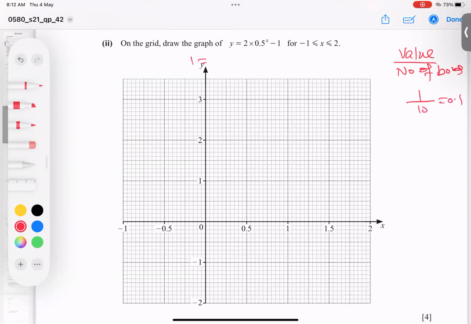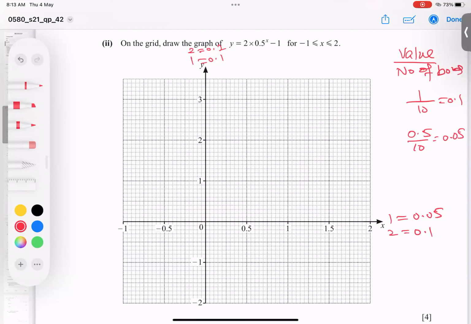One box is 0.1, and two boxes is 0.2: 0.1, 0.2, 0.3, 0.4, 0.5. And along the x-axis, there's a 0.5 on top and 10 boxes below. So 0.5 by 10, we get 0.05. So one small box is 0.05. Multiply by 2, so 2 boxes is 0.1.